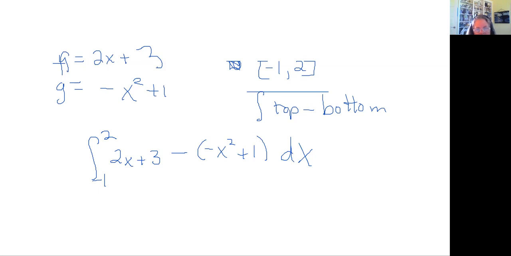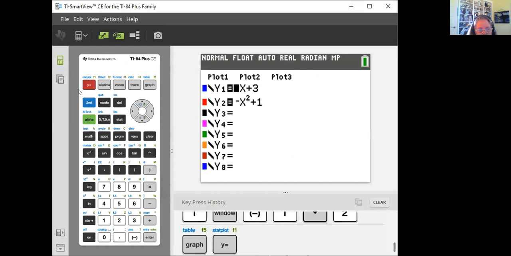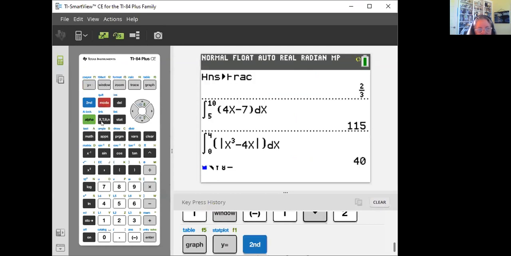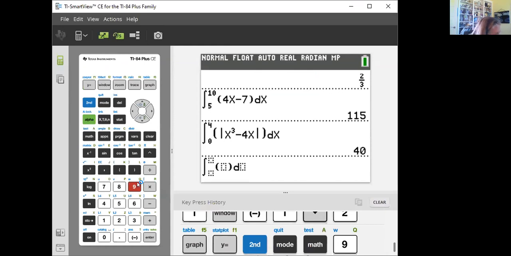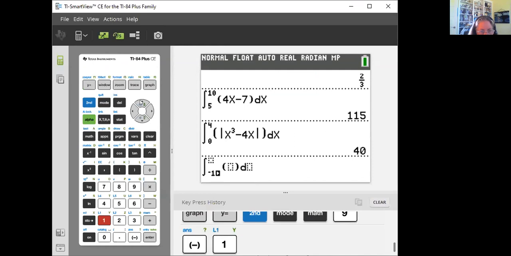Let's see, am I sharing that with you right now? I'll make sure I am. All right, so I'm going to quit out of here, and I'm going to do math 9, and I'm integrating from negative 1 to 2.